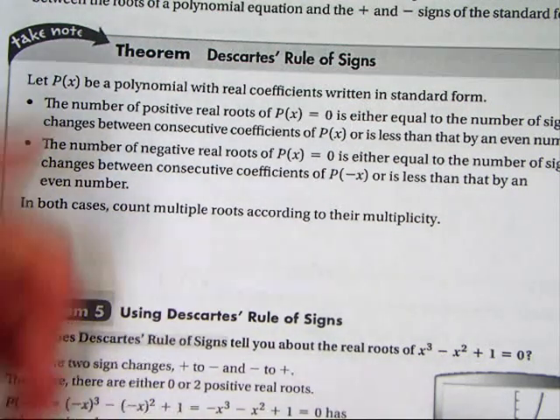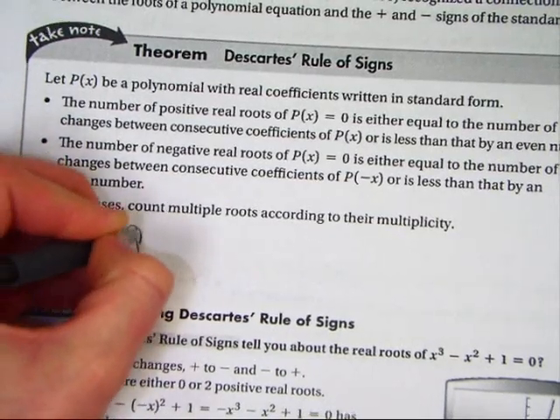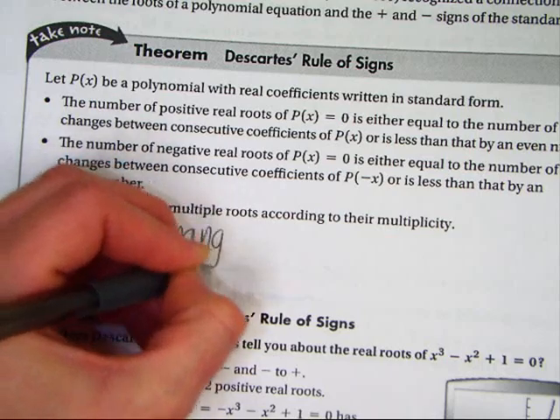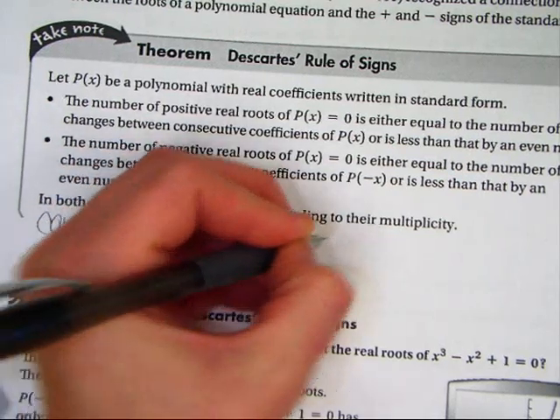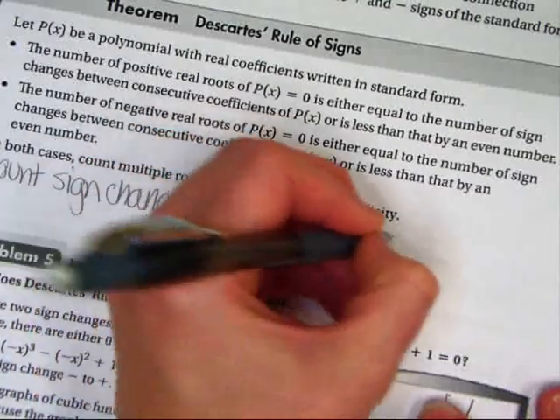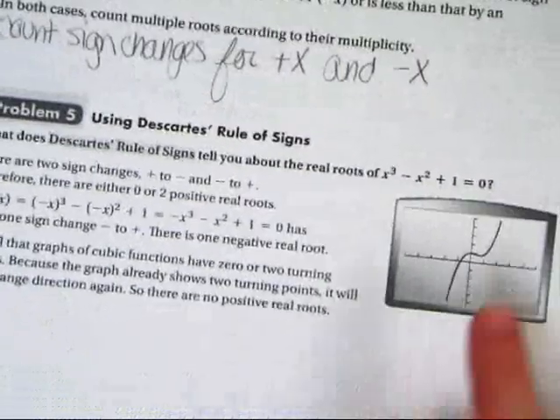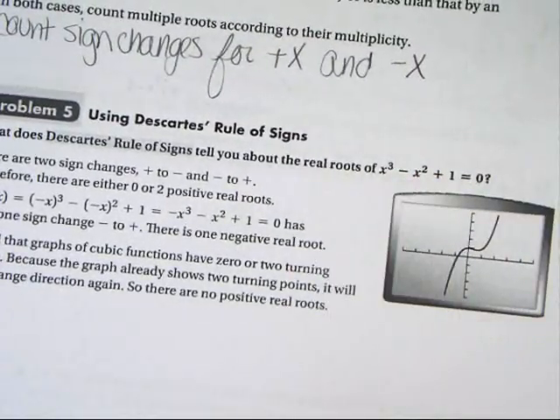What you're going to do is you need to be able to count sign changes for positive x and for negative x. And I'm going to show you exactly what I mean. Take a look at the graph of this particular equation.